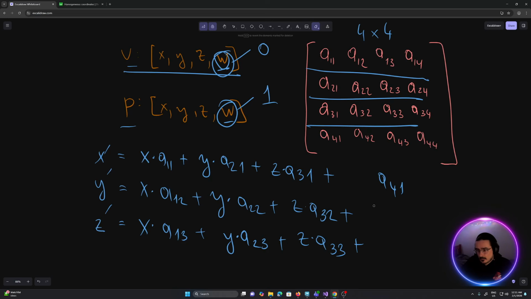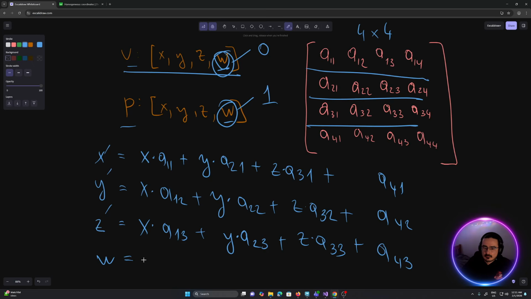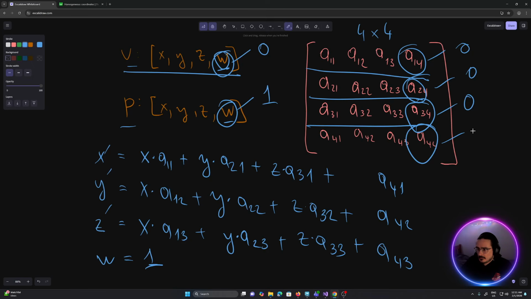So basically we would have a for 1 for x prime, a for 2 for y prime, and a for 3 for z prime, and for w that would be 1, because when we multiply these components, which are 0 for our row major Maya transformation matrix, and this component would be 1.